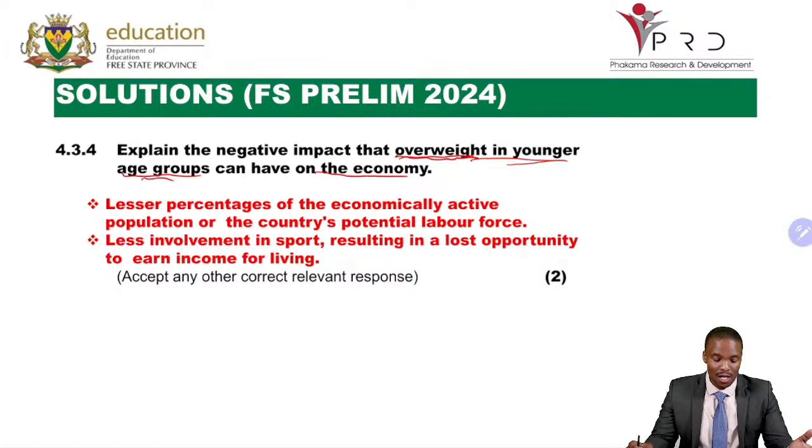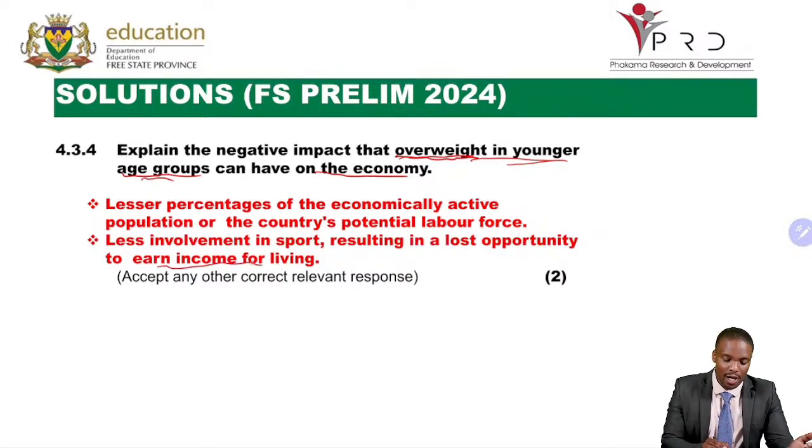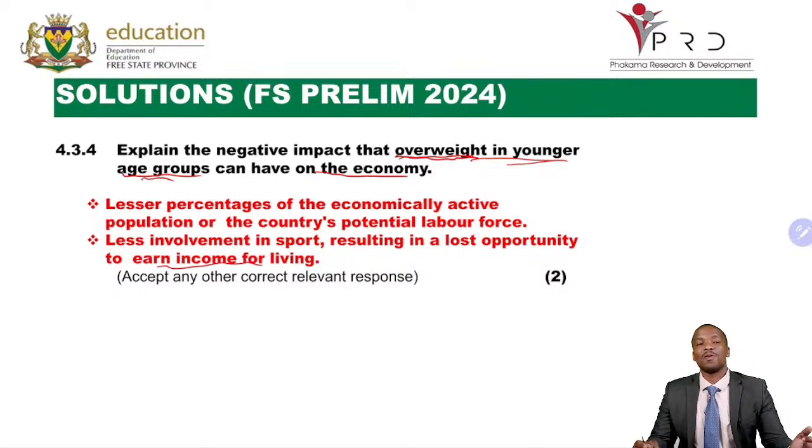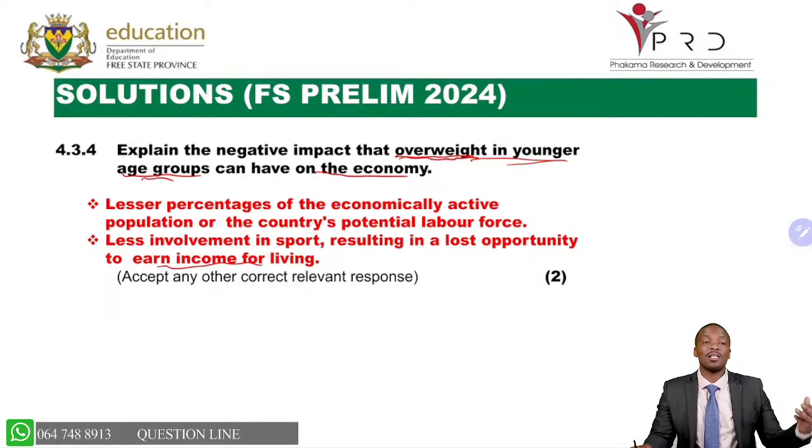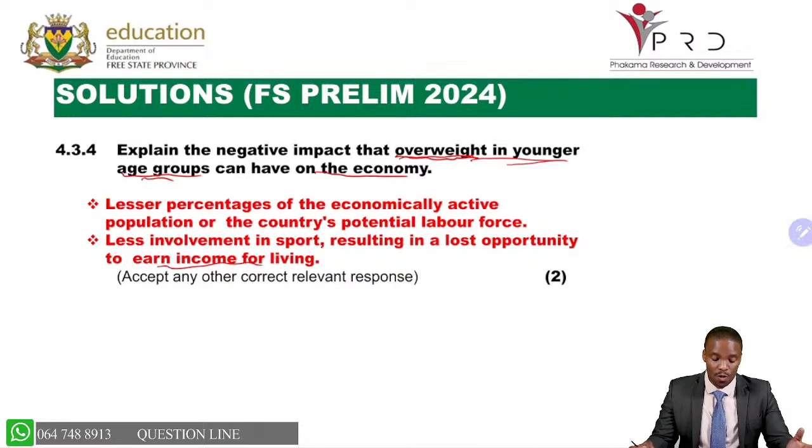There will be less improvement in sports, resulting in loss of opportunities to earn income and a living because of the overweight issue. And then the others may experience diseases such as diabetes at a very young age, which will also impact participation in the economy.